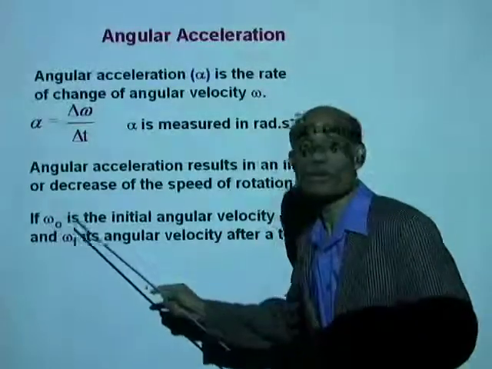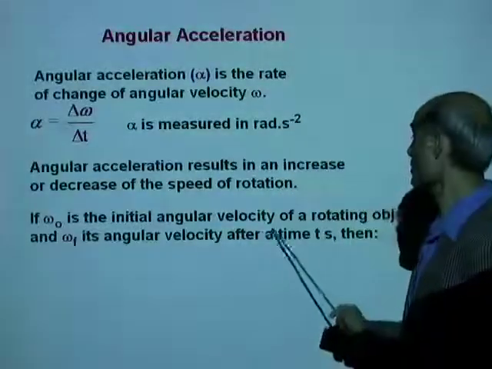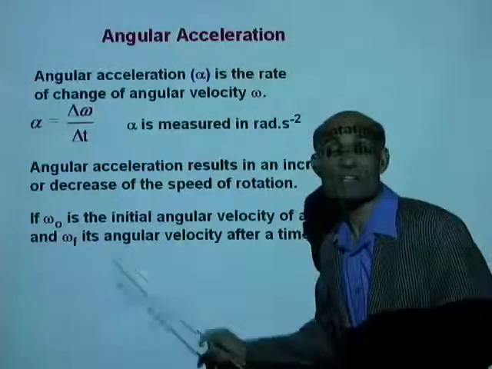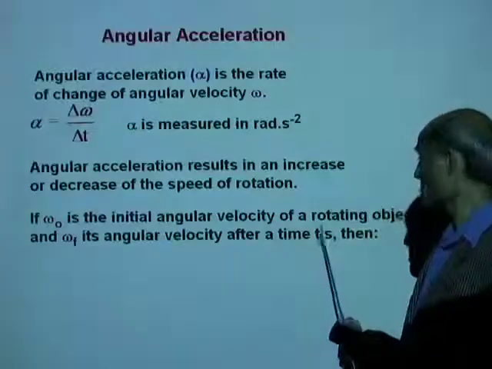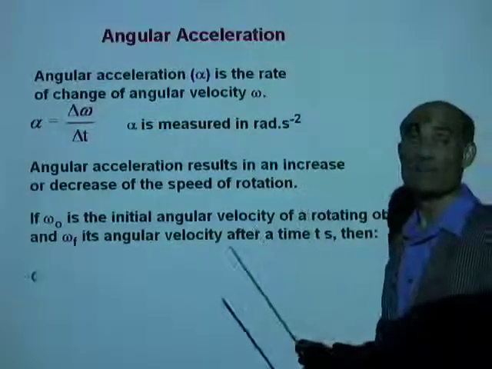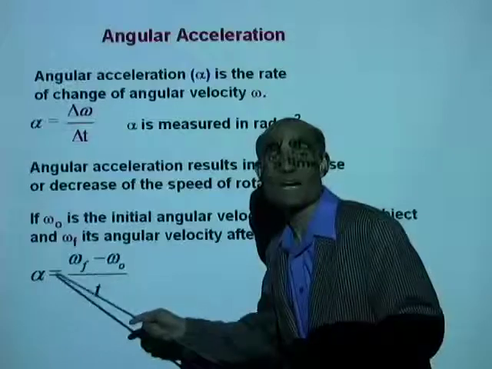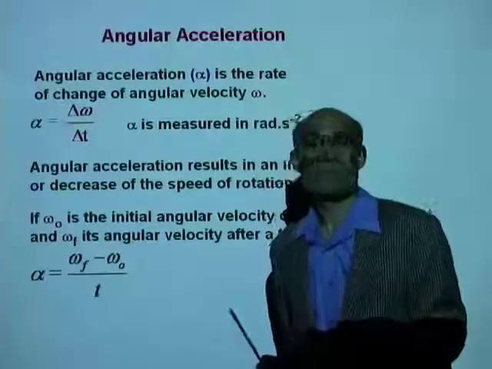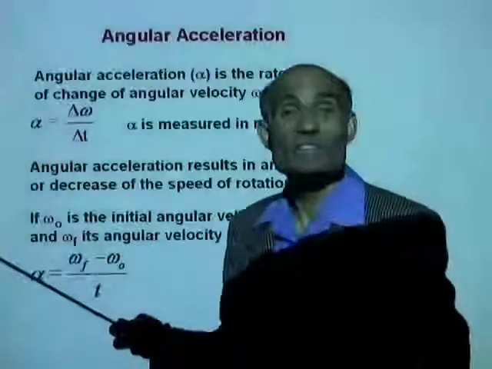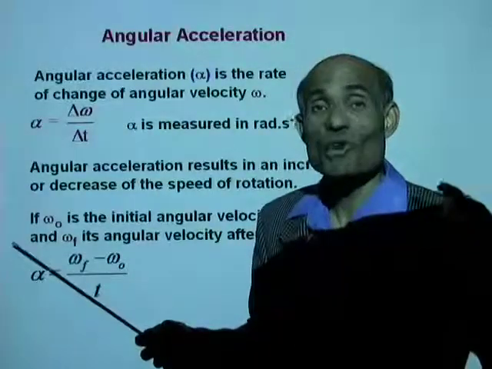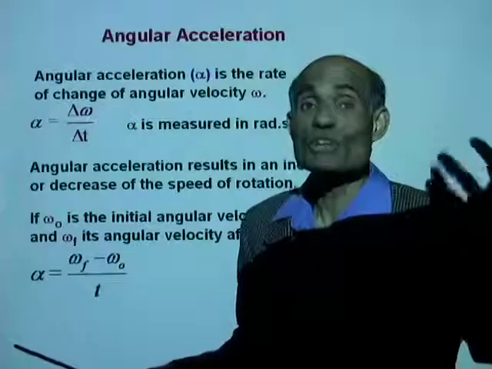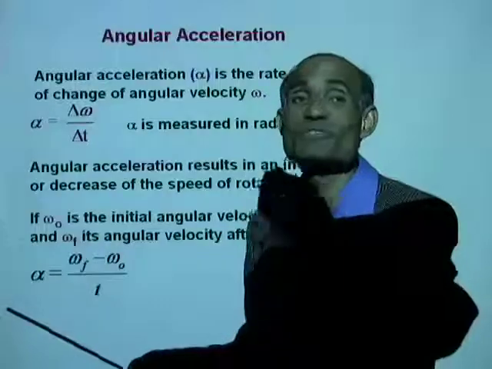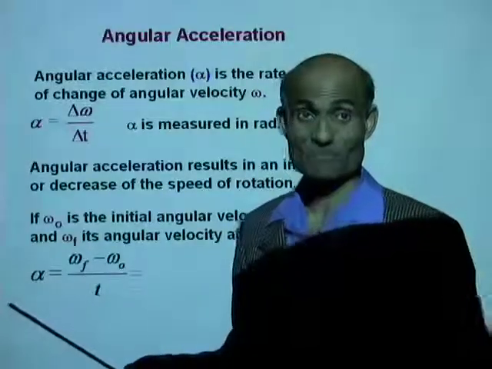If omega 0 is the initial angular velocity of a rotating object and omega f its angular velocity after a time t, then alpha can be written as omega f minus omega 0 divided by t, and this is the same definition we have for linear acceleration: a equal to Vf minus V0 over t, right?